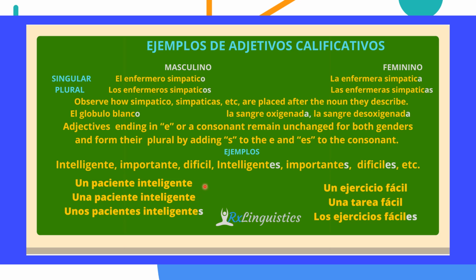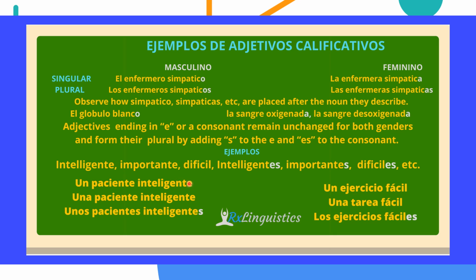When you look at the ending, there's no difference because the adjectives end in E. There's no modification to show this is masculine or this is feminine. It remains the same. They don't behave the same way as adjectives ending in O or A behave.